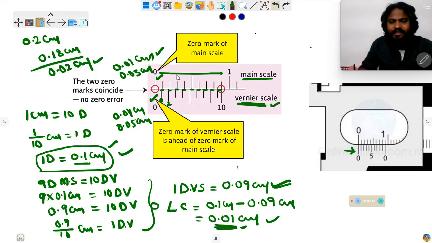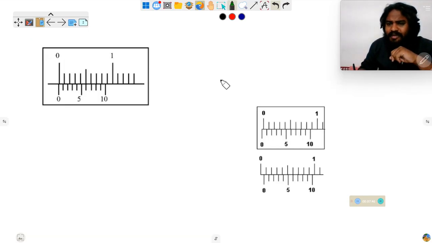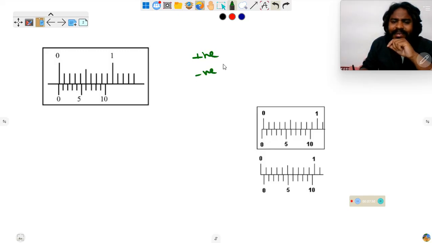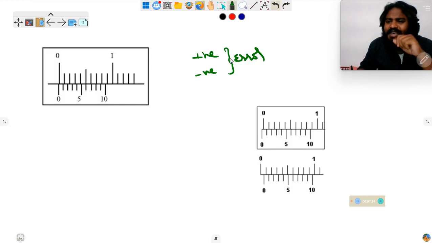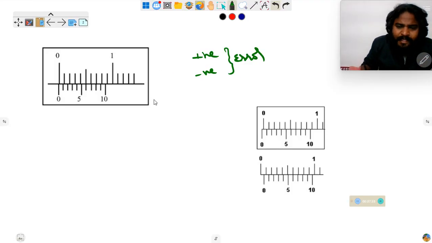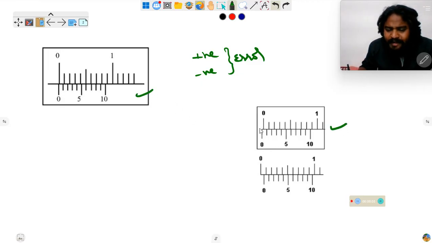So next, let's go to the next slide. There are two types of errors. One is positive error, another one is negative error, right? What is error? The uncertainty in the measuring is called error, right? So here if you observe carefully, in this condition, what happened?